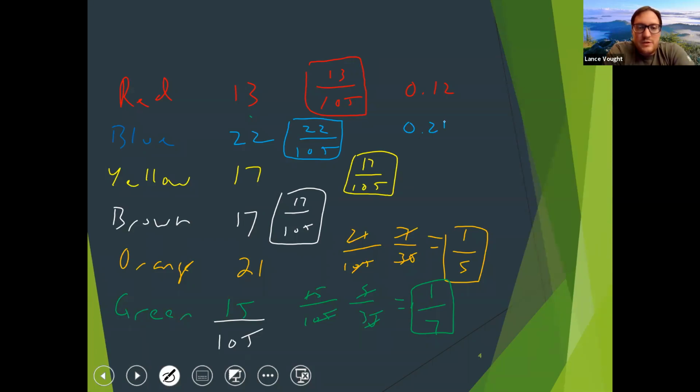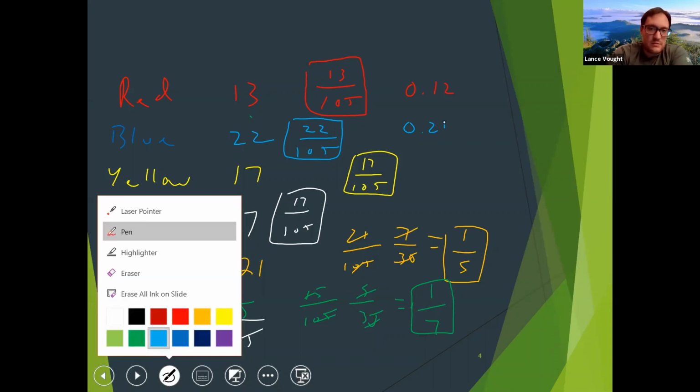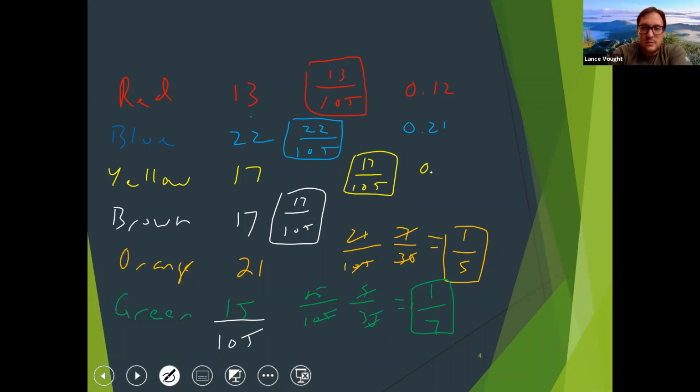17 divided by 105 is going to give us yellow and brown's respective numbers. So when we do 17 divided by 105, we're going to round the same way for both. We get 0.1619. So up or down on that one? 0.16 or 0.17?